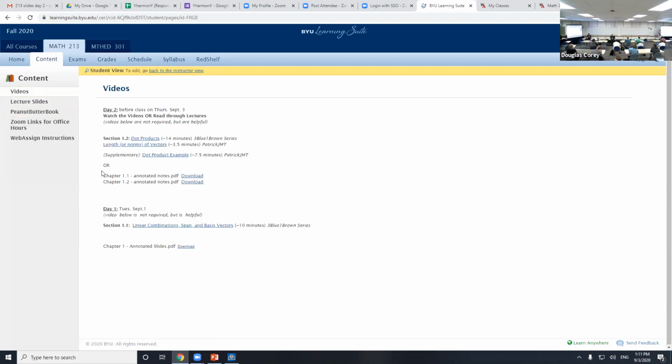All of the slides for 1.1 are right there, and all the slides for 1.2. From now on, when we do 1.3, any slides associated with 1.3 will be right there.